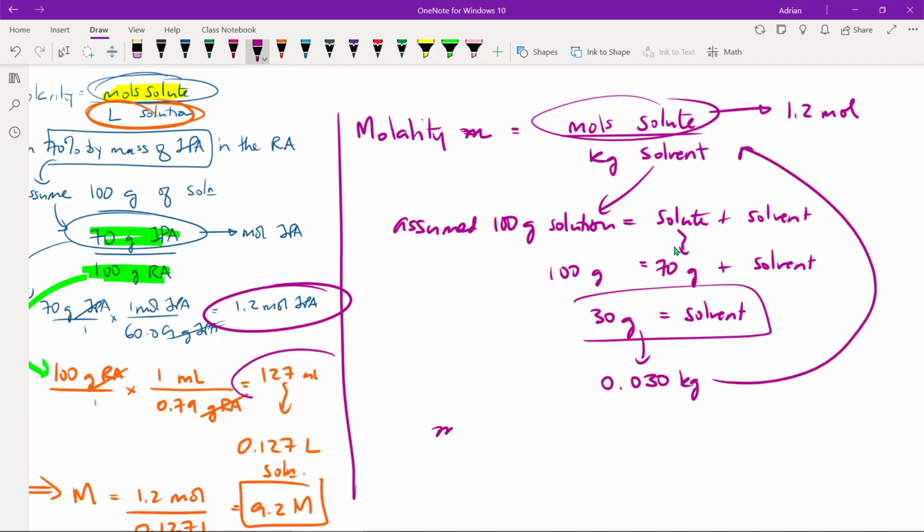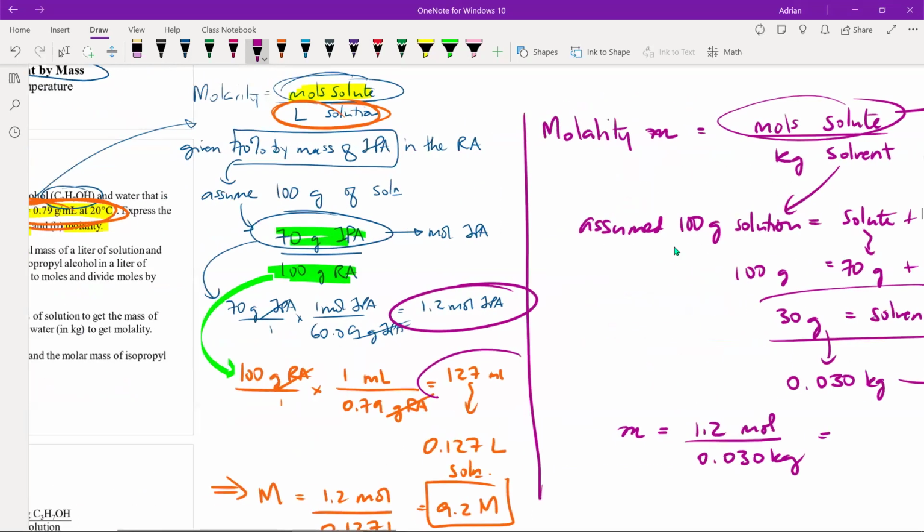So our molality m would be equal to 1.2 moles divided by 0.030 kilograms. All right, and that is going to give, let's see, 1.2 divided by 0.03.